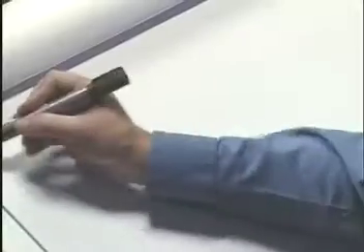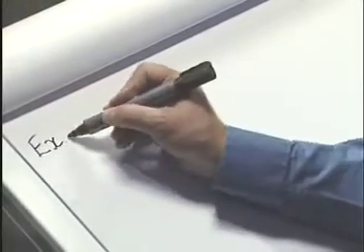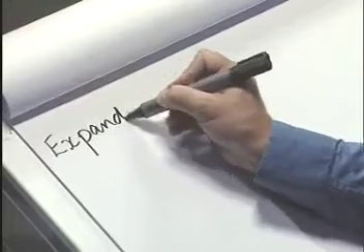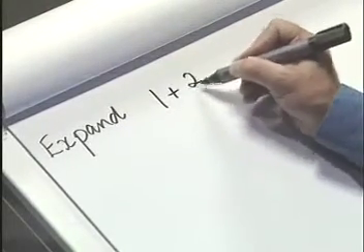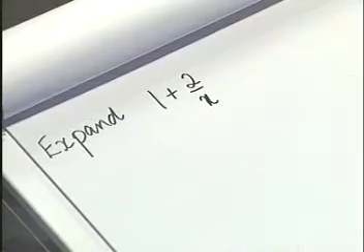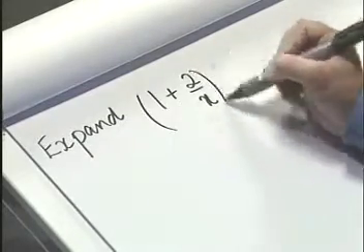We can use exactly the same method even if there are fractions involved. So let's have a look at an example where there's some fractions. Suppose we want to expand, this time, 1 plus 2 over x, so I've deliberately put a fraction in there, all to the power 3.